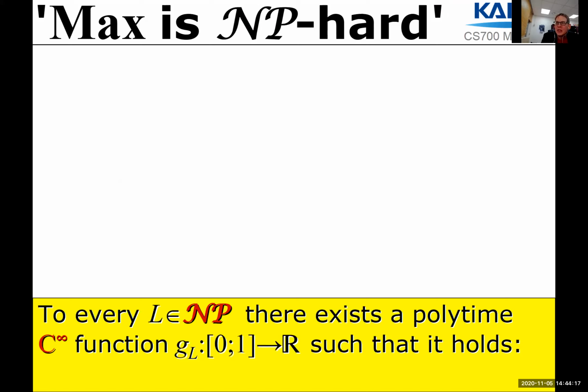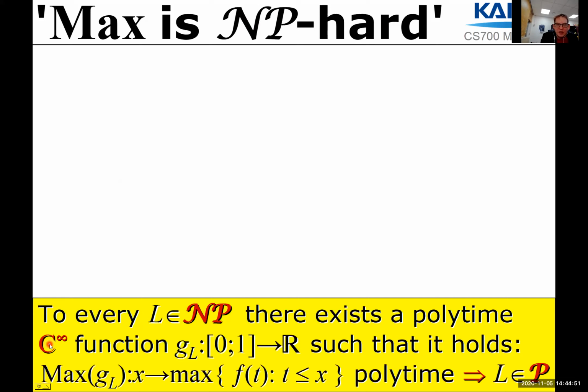Namely, the statement says to every decision problem L in NP, there exists a polynomial time function. So this is the function for which we're going to compute the parametric maximum. This function is called G. The function will depend on L, so it has an index L. And we're actually going to construct a function that is smooth, but let's ignore that for a moment.